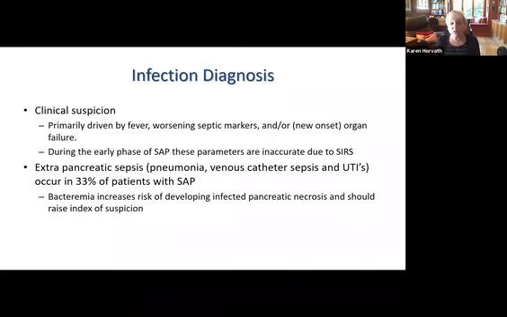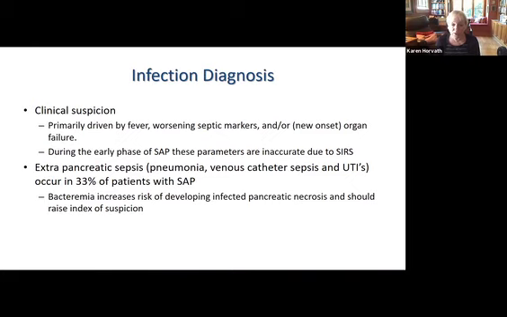However, during the early phase of severe acute pancreatitis, these parameters are really inaccurate due to overlying SIRS. And so 33% of patients with severe acute pancreatitis actually have a sterile collection, but extra pancreatic sepsis, like pneumonia or UTIs and things like that.